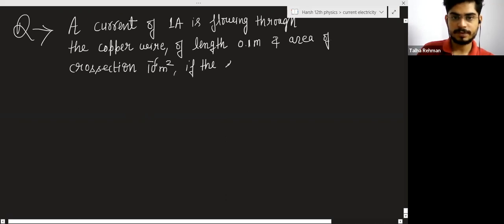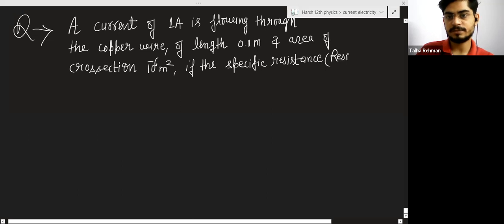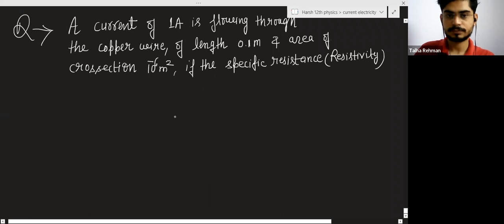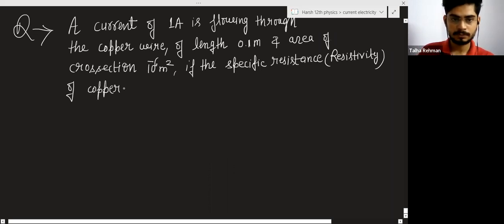If the specific resistance, and specific resistance is also known as resistivity, if the specific resistivity of copper wire is 1.7 into 10 to the power minus 8 ohm meter. This is given.